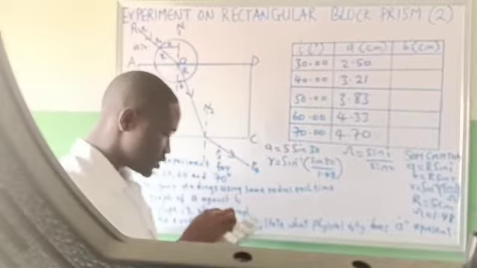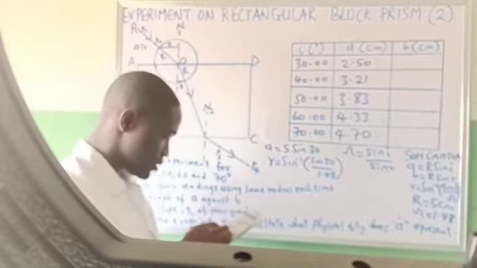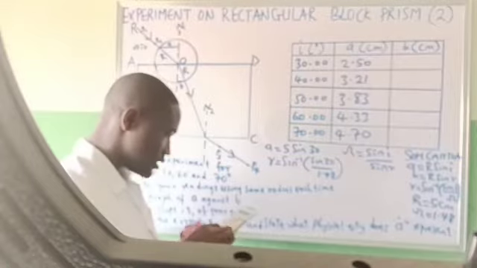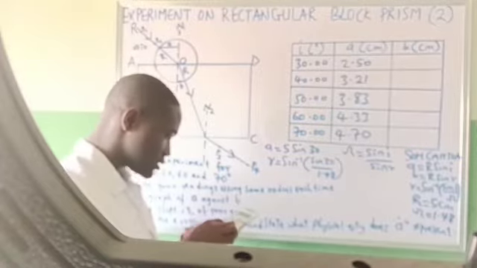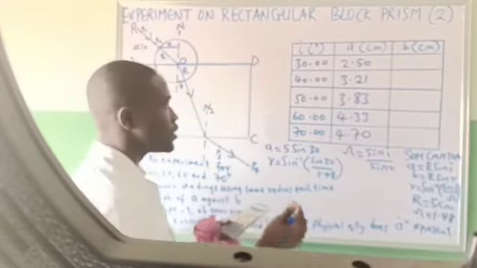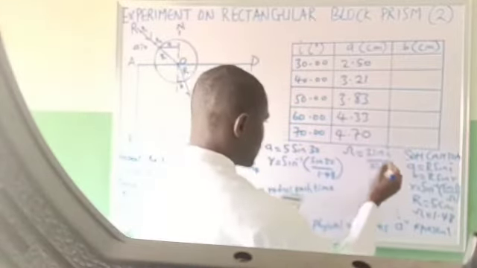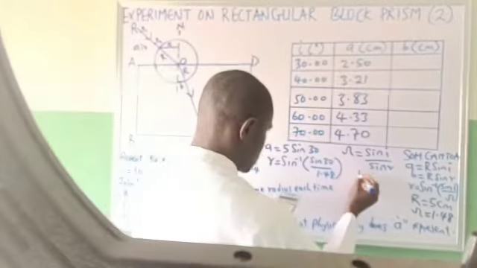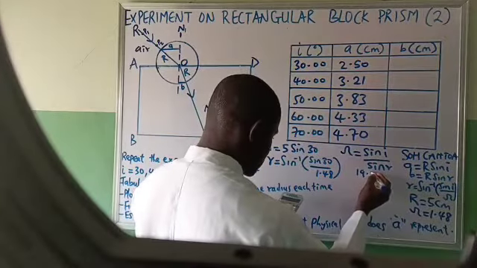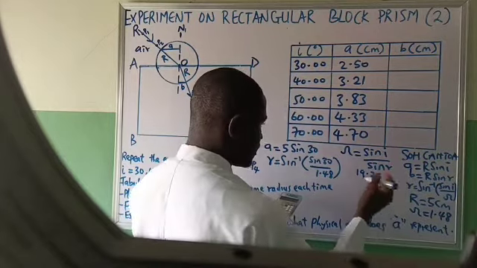So we now say shift sine, sine 30 divided by 1.48. So we'll be having individual values of r. The first one to be 19.75.